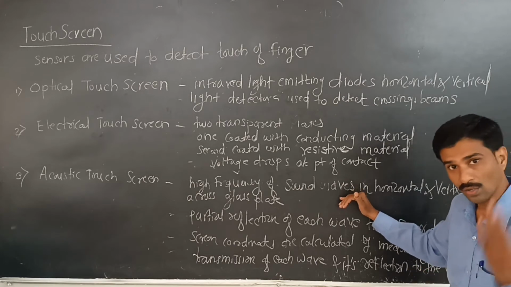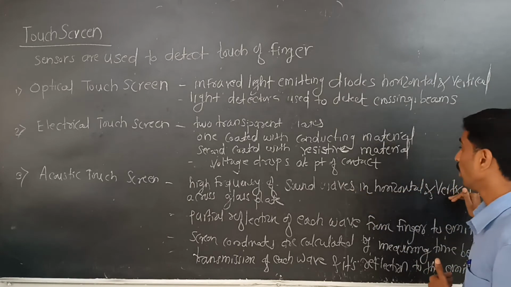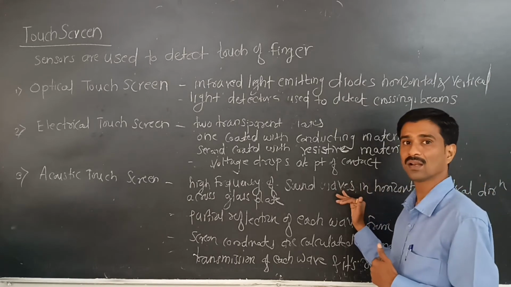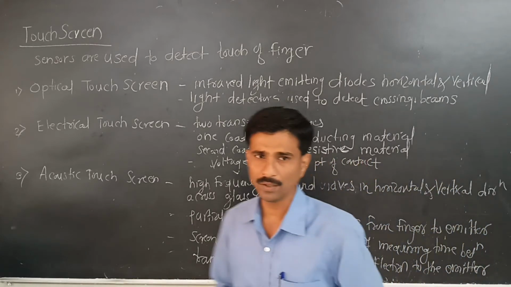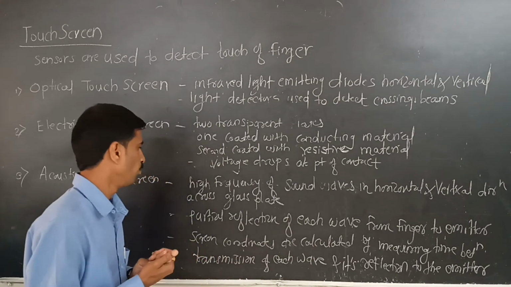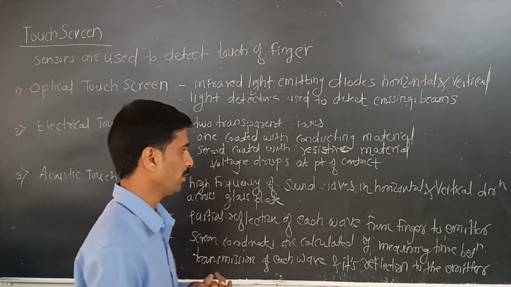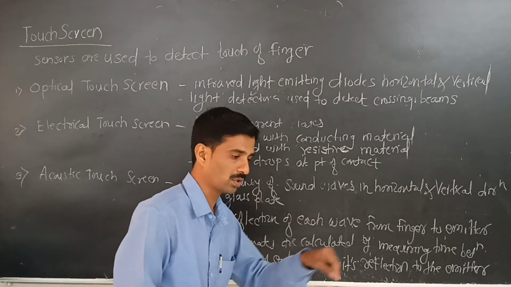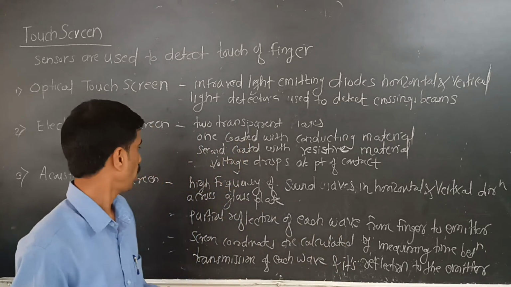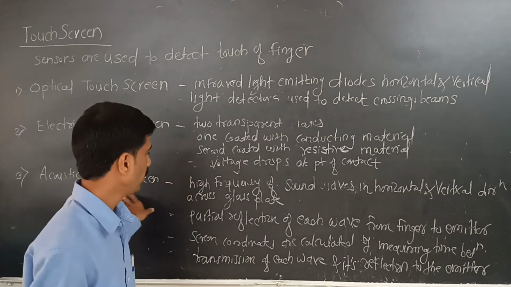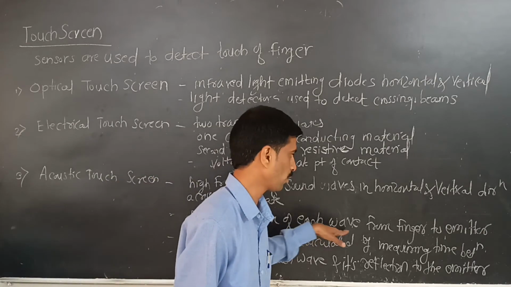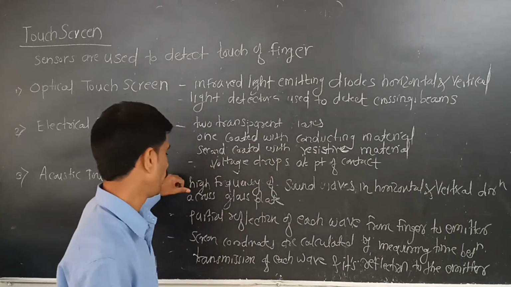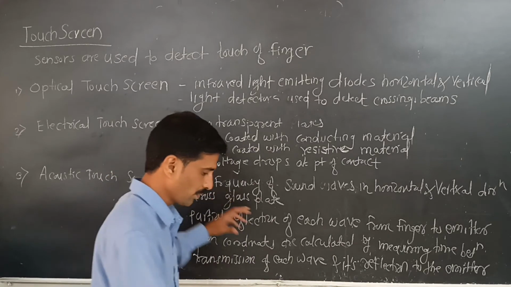Similarly, here horizontal and vertical sound waves are used across a glass plate. When we touch that particular place on the screen, there is a partial reflection of each wave from the finger to the emitter.